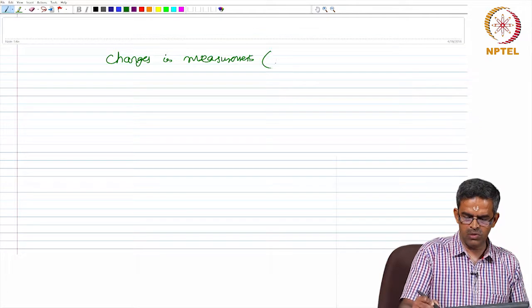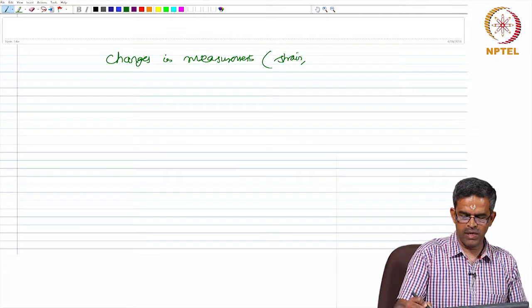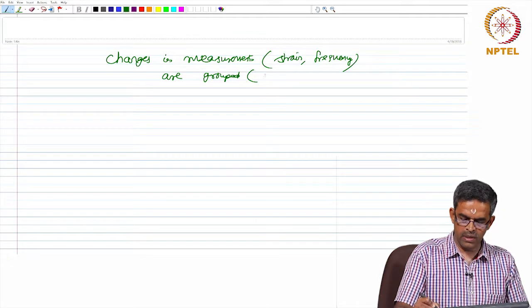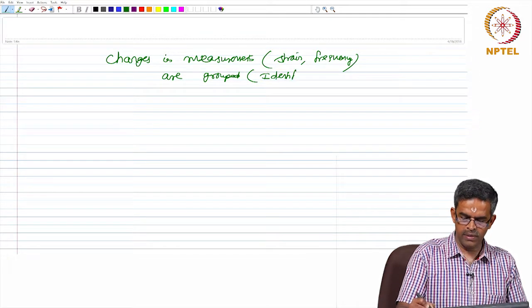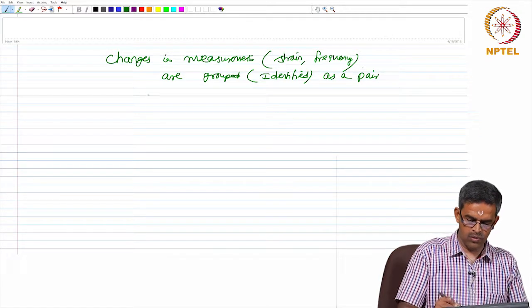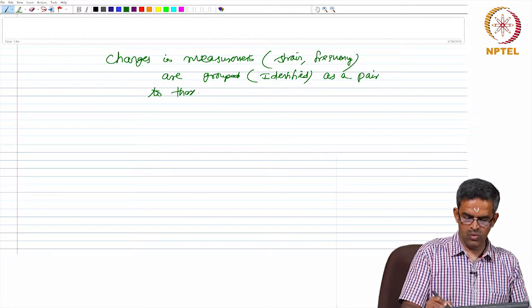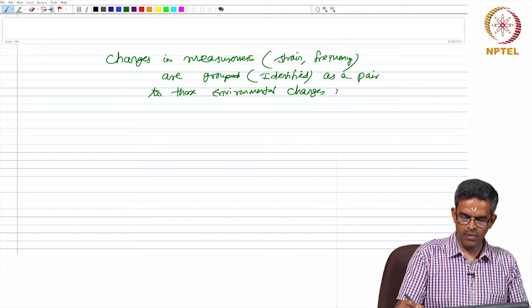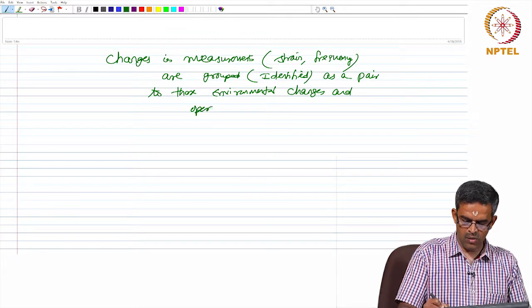What are the measurements used? For example, strain, frequency, etc. are grouped, that is identified as a pair to those environmental changes and operating conditions.